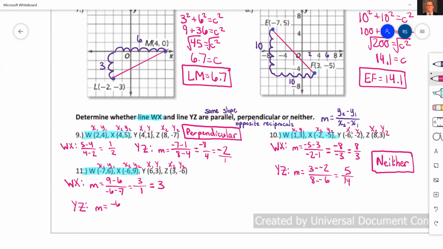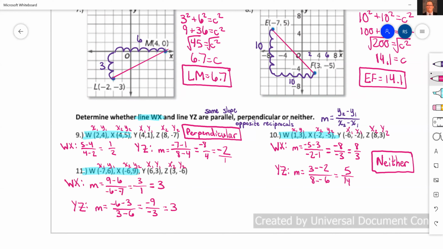Y2 minus Y1 over X2 minus X1. -6 minus 3, -9. 3 minus 6, -3. -9 divided by -3 is 3.